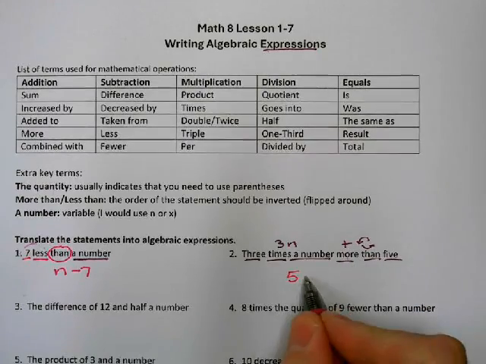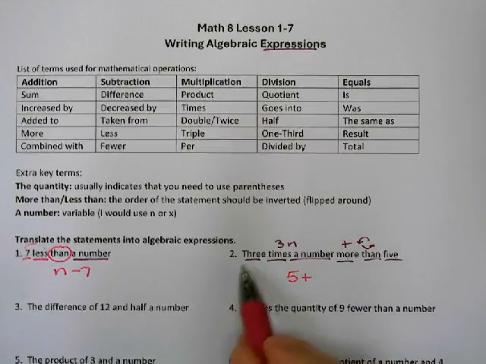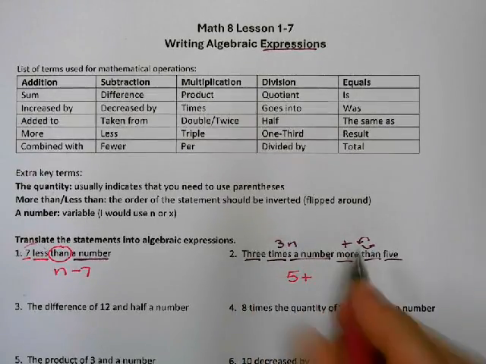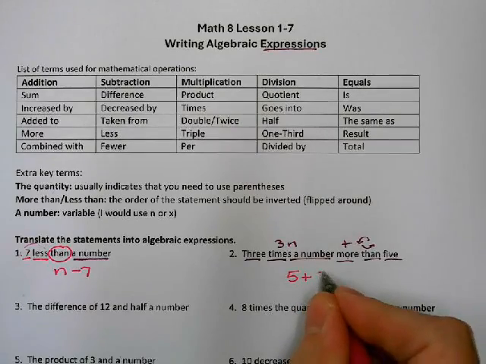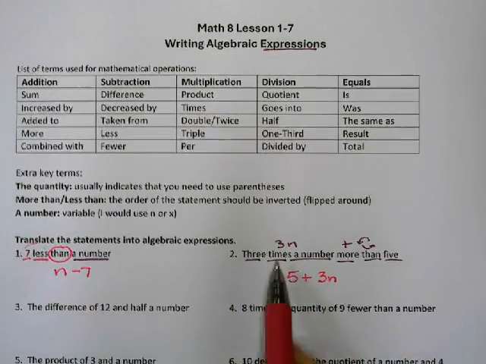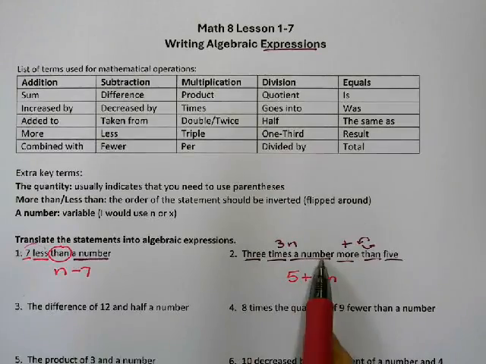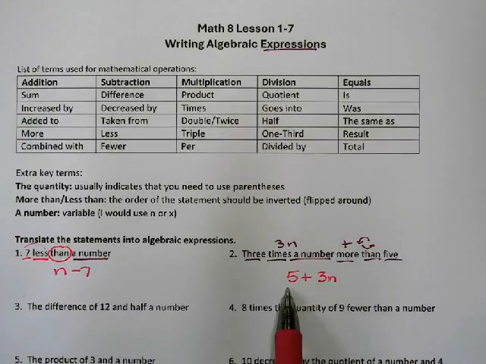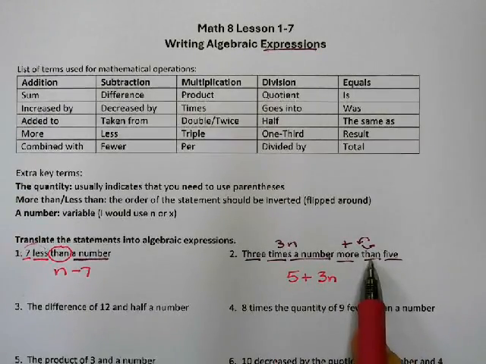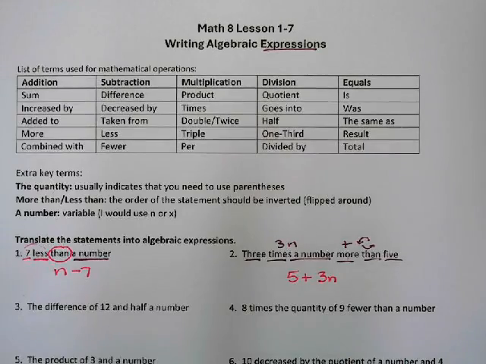More than, that means we're going to add 5. And then 3 times number, that's going to go last. So we were adding 3 times the number, which means 3n. More, so we're adding it. And then 5 goes over here because of the word than, which means we switch them.